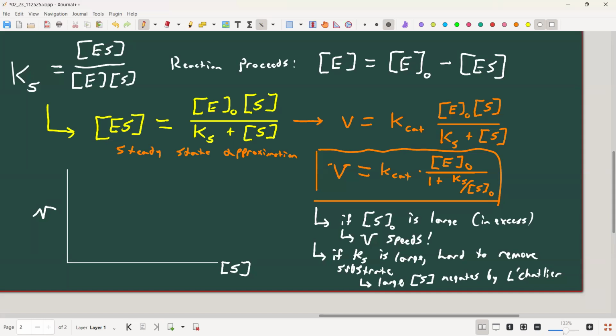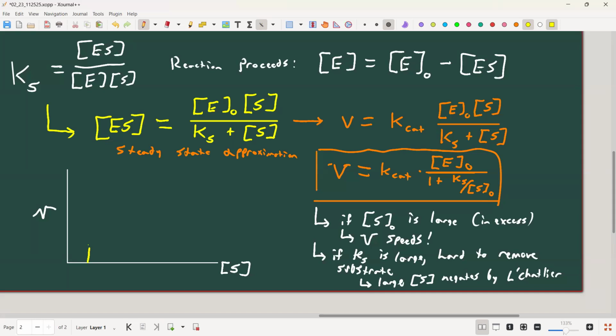So what we see initially, we see a curve that grows linearly as a function of E naught, right? So at small concentrations, the velocity is going to be proportional to small concentrations. You're going to have K cat times E naught, that's just a number, times 1 plus something over the concentration of the substrate. So if we break this down, we're going to get a substrate here in the numerator.